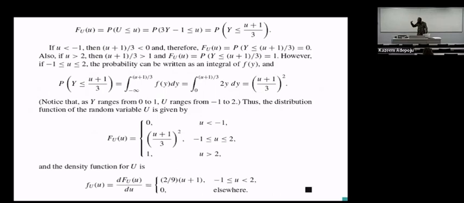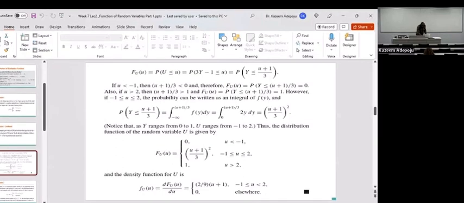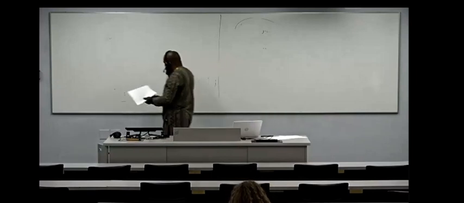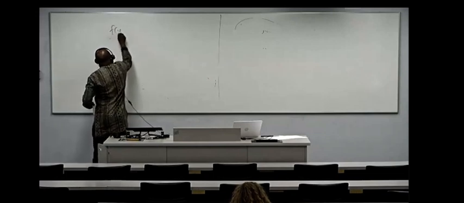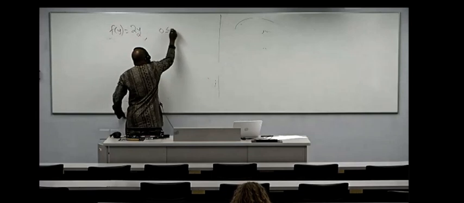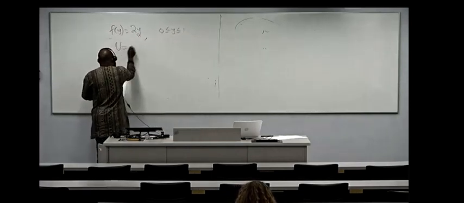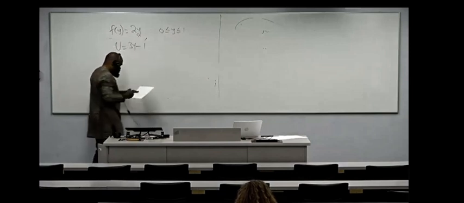We use what I call the method of distribution function. But what I want to do right now is basically stop my share and walk you through. Okay, now, you're given f of y equal to y, and this lies between the limits, and your profit is 3y minus 1.